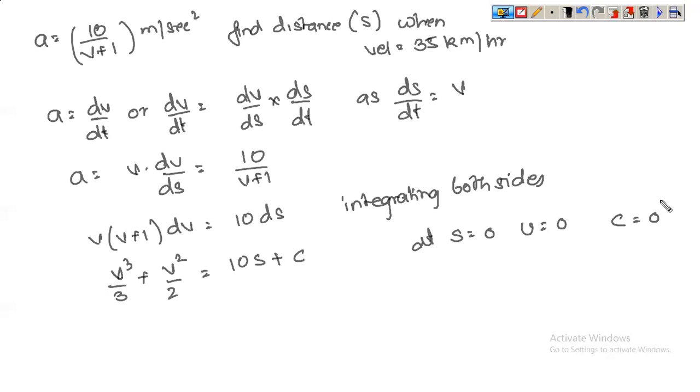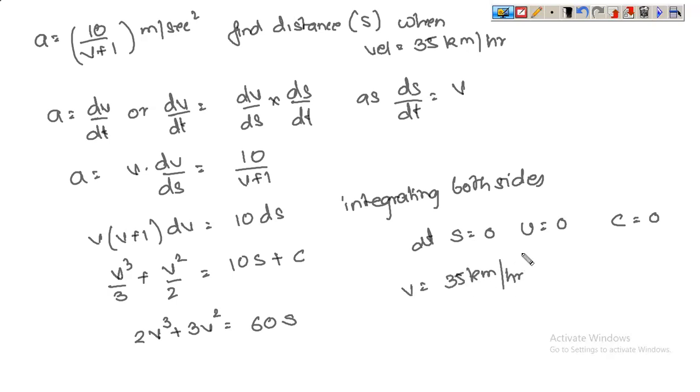So the final equation comes down to v cube. Let us further shorten it up. It comes out to be 2v cube plus 3v square is equal to 60 s. Now v is given as 35 kilometer per hour.